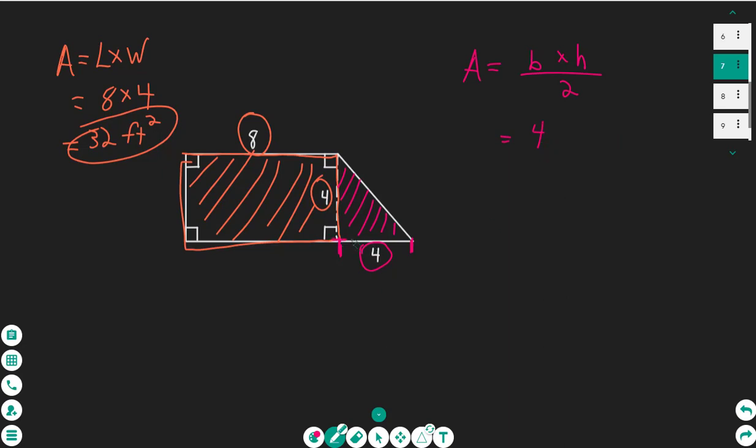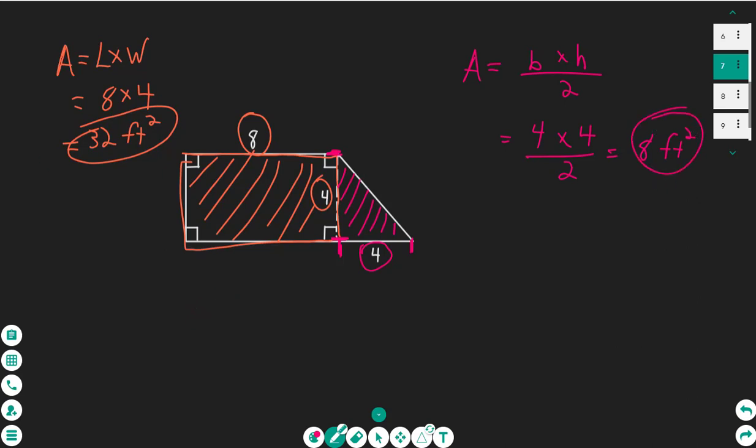Well, our height would take us from here at the bottom up to the peak of the triangle. And that's actually the same length as the side of the rectangle. So that's going to be that 4. So here we have a base that's 4 and a height that's 4. So we'd multiply base times height. Don't forget to divide it by 2. 4 times 4 is 16, divided by 2 is 8. So we end up with 8 feet squared for our triangle portion.